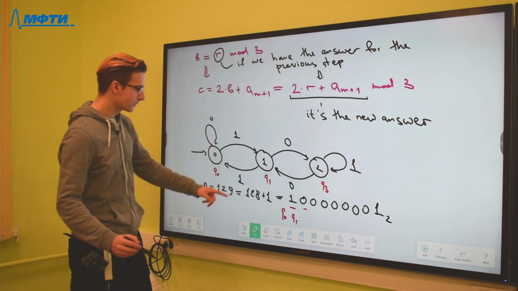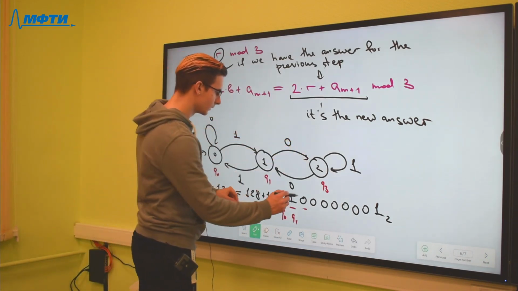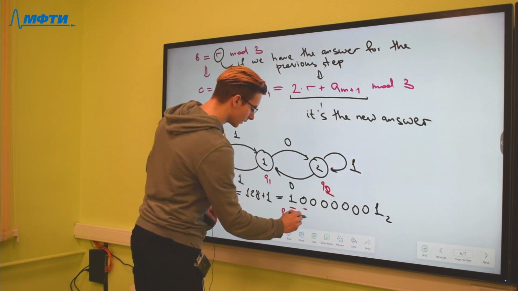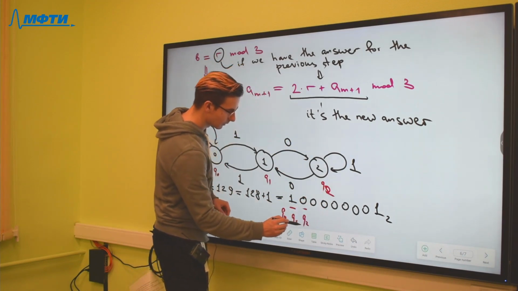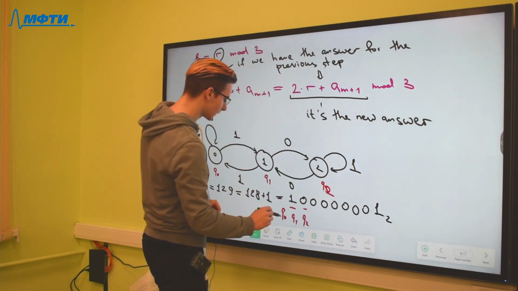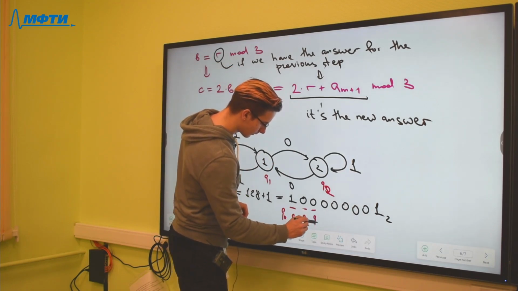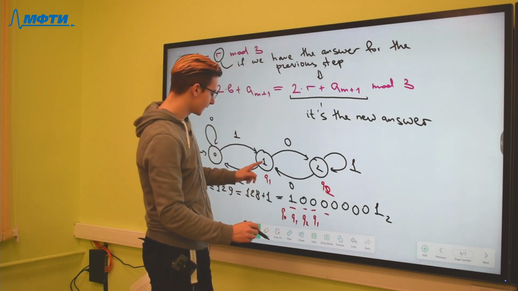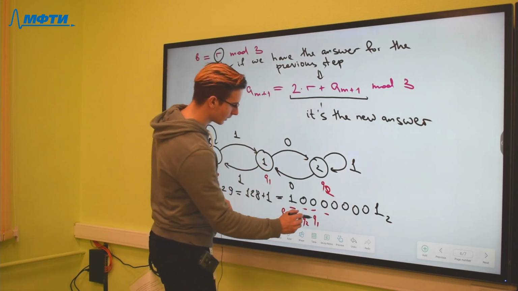Then we see 0, we go to this state. Then we see 0, and a lot of zeros.